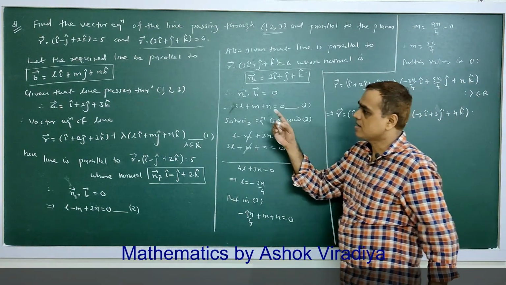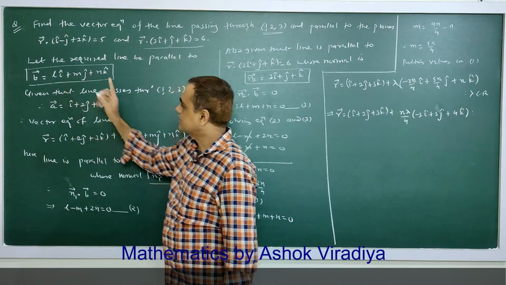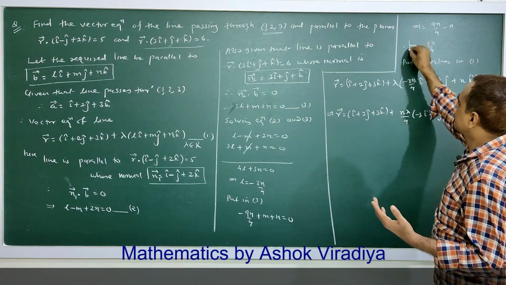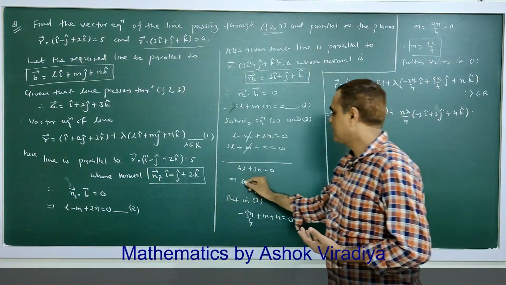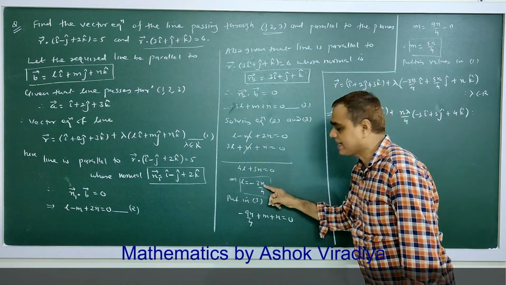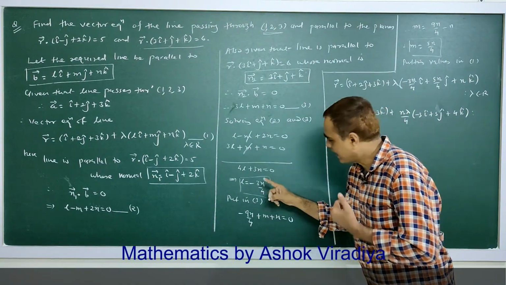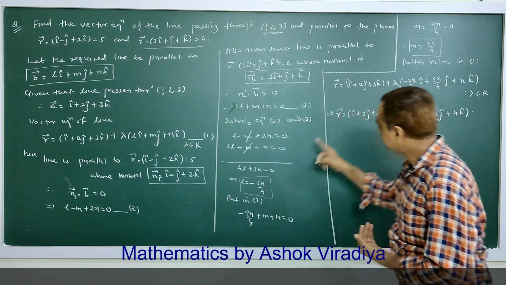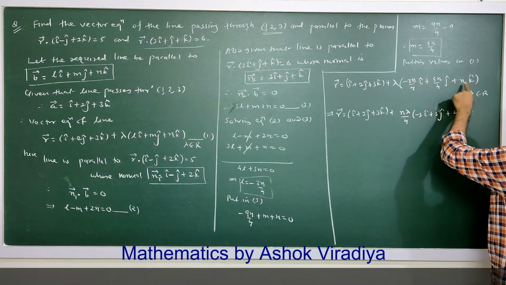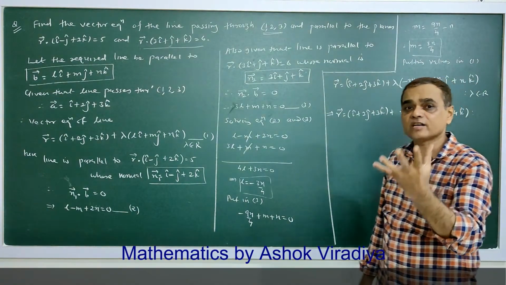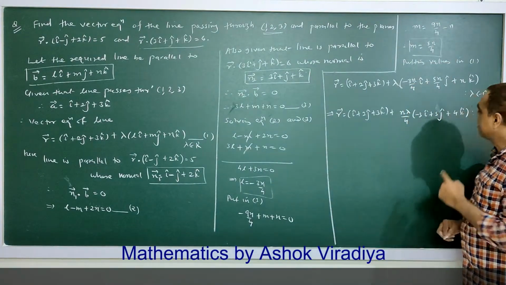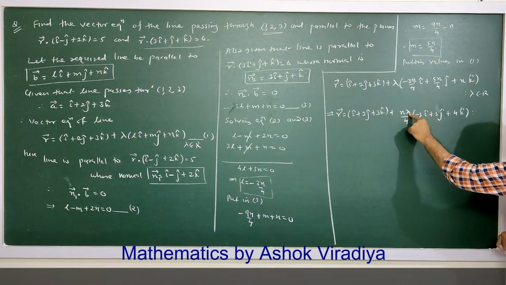So here L, M, N, these are scalars, and we have found M in terms of N, L in terms of N. You can choose any real number as value of N. You can put n equal to 1, you can put n equal to 1 crore, whatever you put here, same will be here, and same value will be here for L, M, N. So n is any real, lambda is also real, so real into real is a new real.